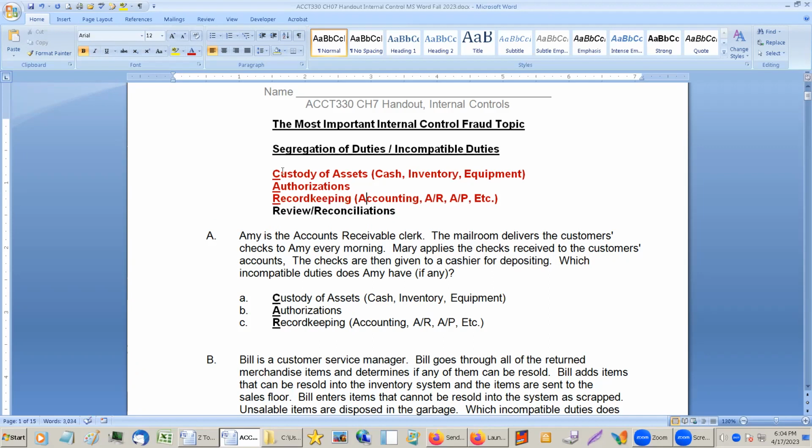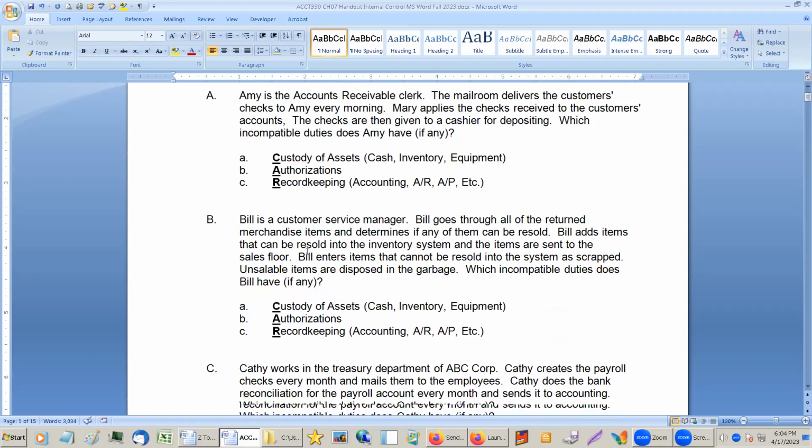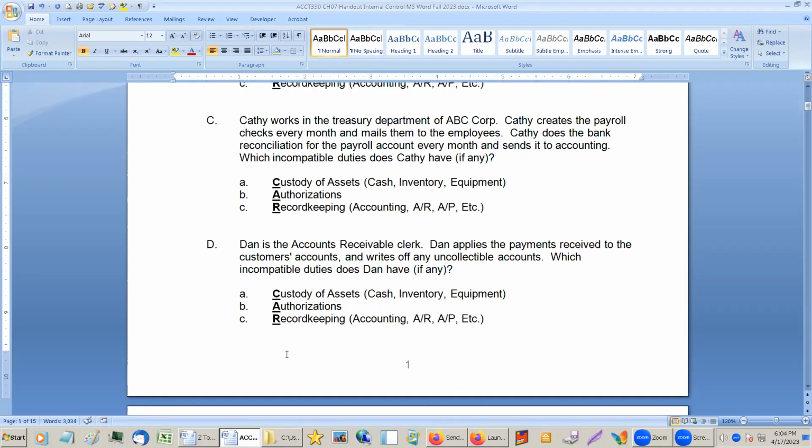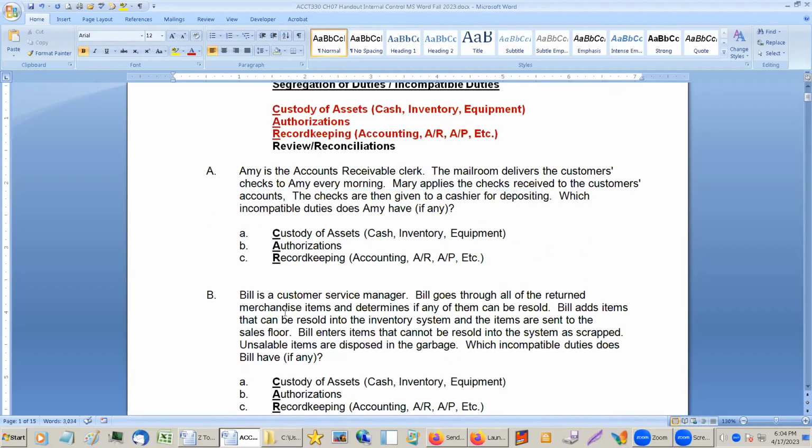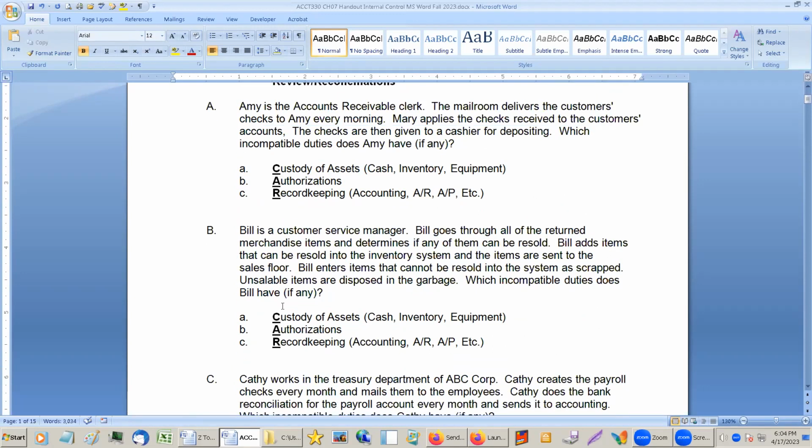But these first 3 are the ones that can really lead to a lot of trouble if 2 of these are combined. So we're going to go through a few scenarios and see how it actually works out.